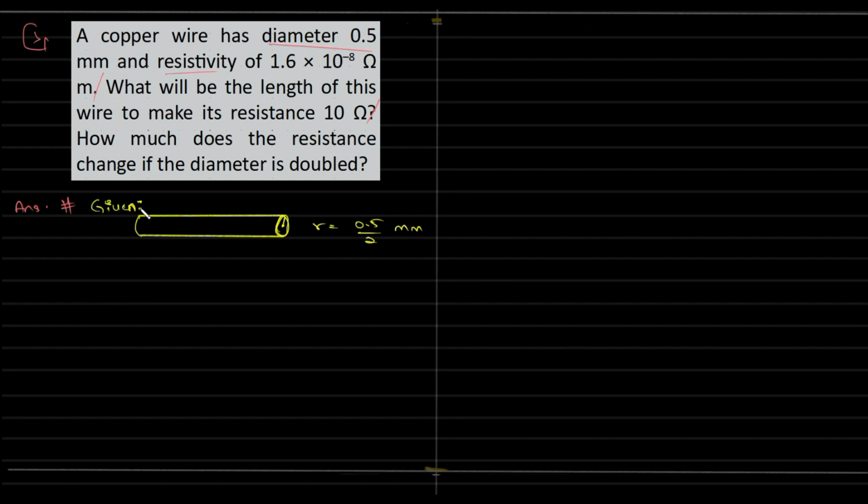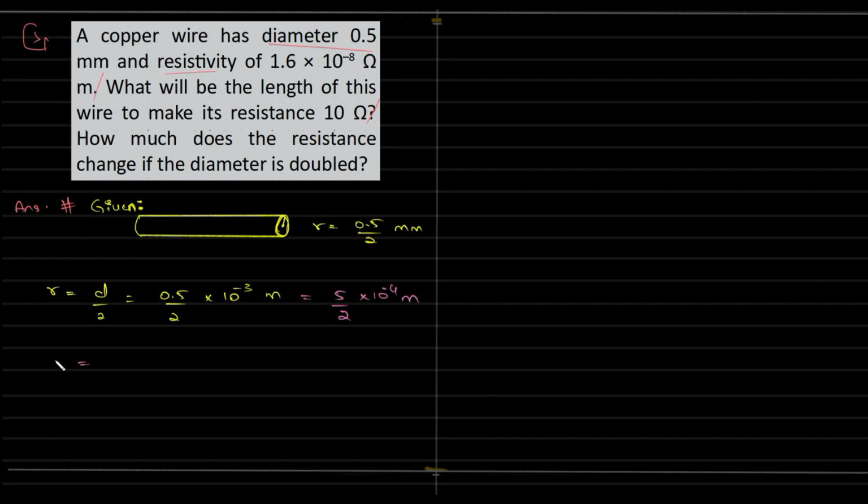First thing first, let's find the radius in meters. So d by 2, so 0.5 by 2 into 10 to the power of minus 3 meters. So I'll shift one decimal place, so this will gain a 0, so many meters.